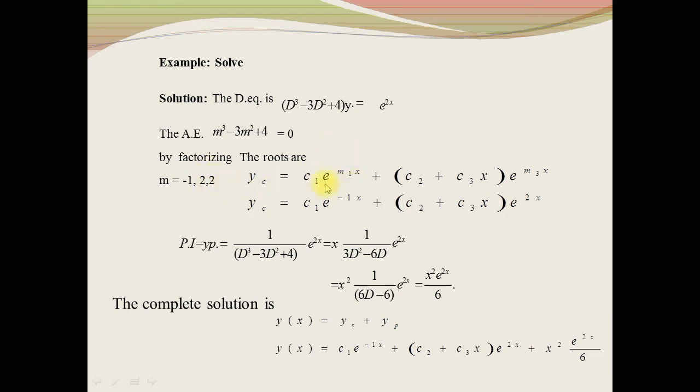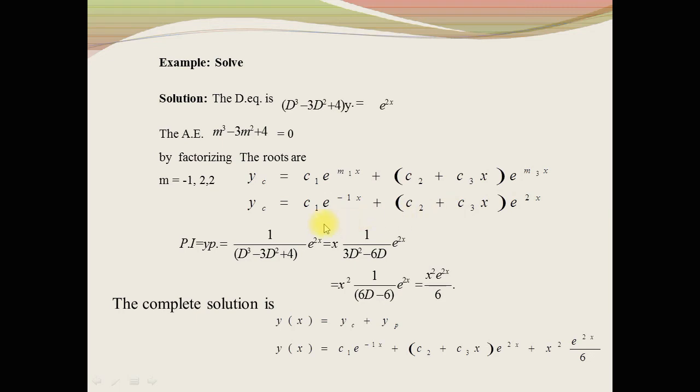Now putting the values of m1, m2 and m3, m2 is equal to m3. So the complementary solution is c1 e^(-x) + (c2 + c3x)e^(2x).